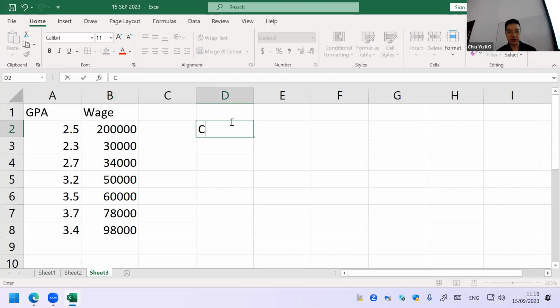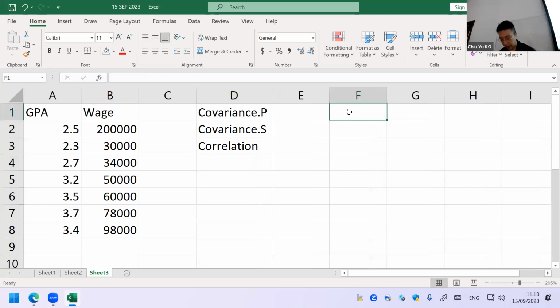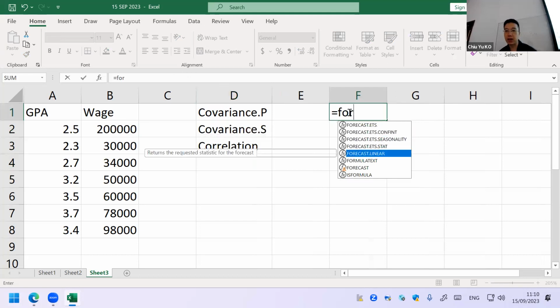So he got his money from his daddy, so it's okay. Covariance.P and covariance.S, and we have correlation. So what we have left is just these three formulas and we're done.